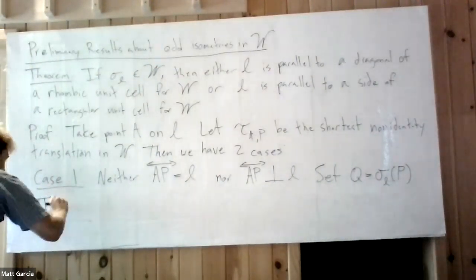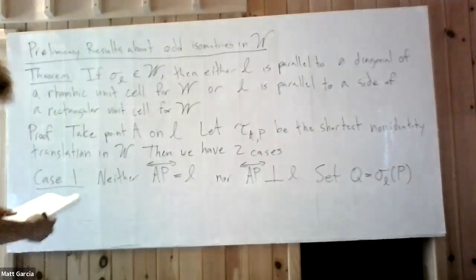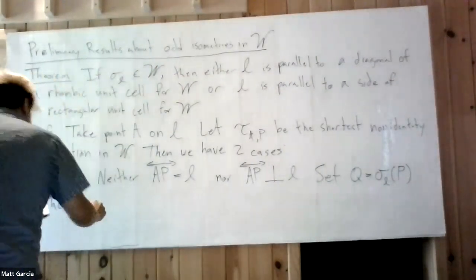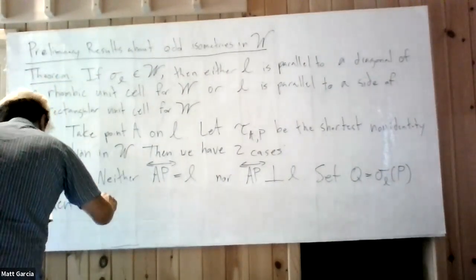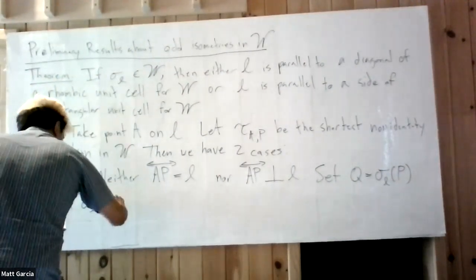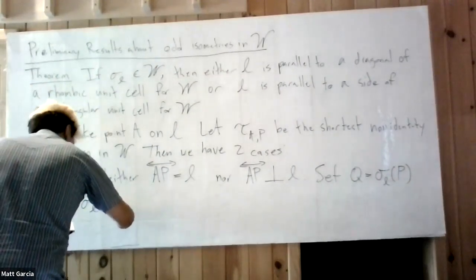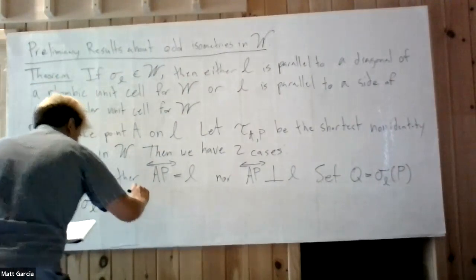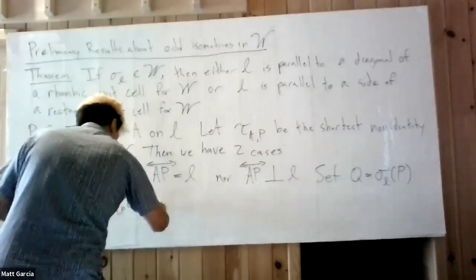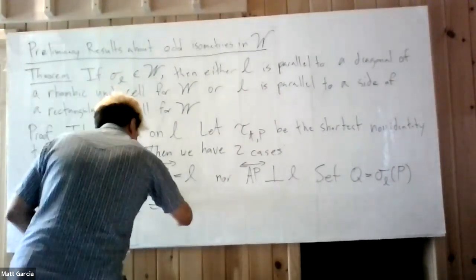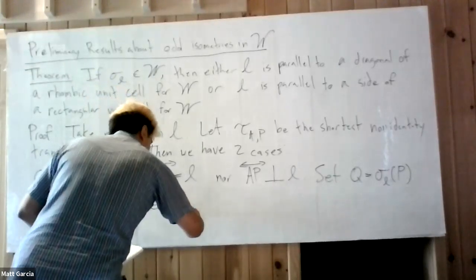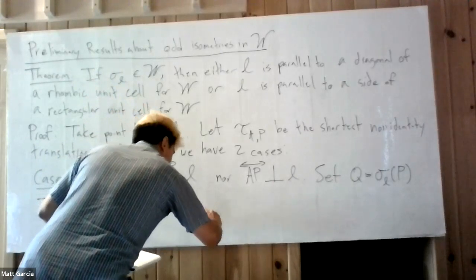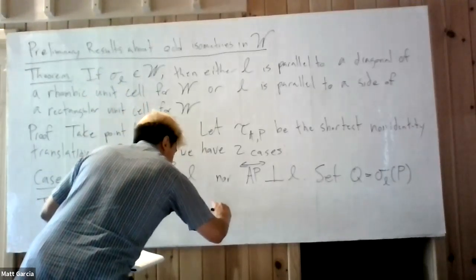Well, our same old conjugation trick shows the following, right? That sigma L, tau sub A comma P, sigma L inverse is of course equal to tau sub sigma L of A comma sigma L of P. Okay.